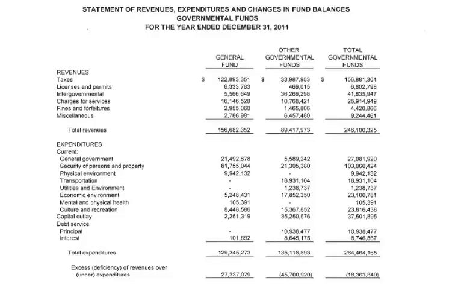And you can see that under total governmental funds, so this would be the far right column, total revenues. You see that total revenues for Spokane in 2011 were $246,100,325.